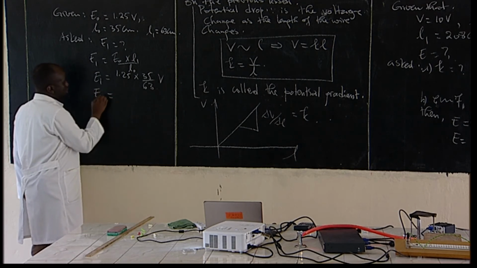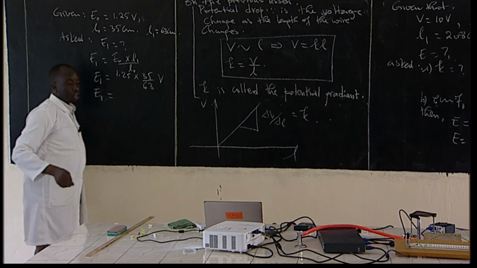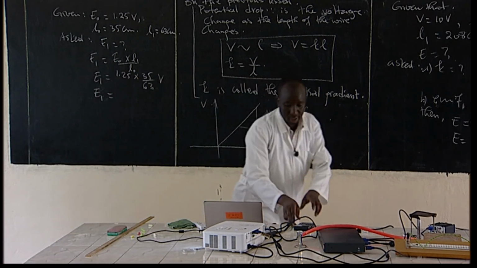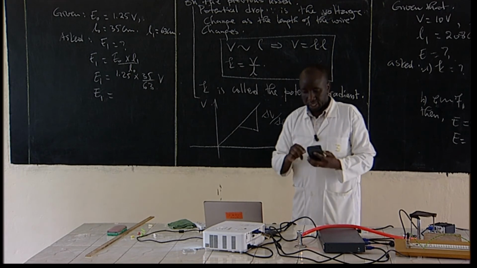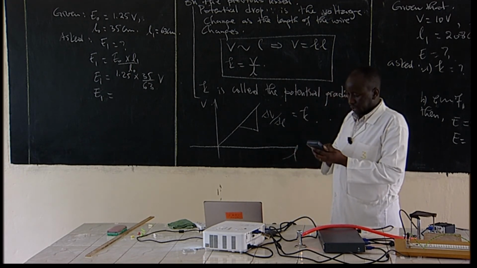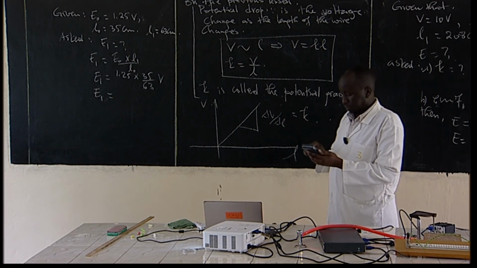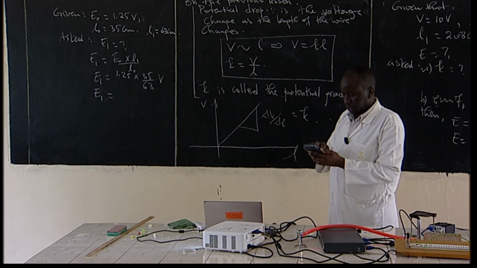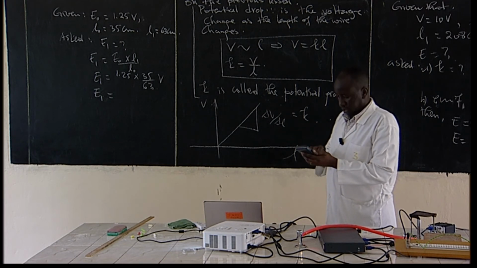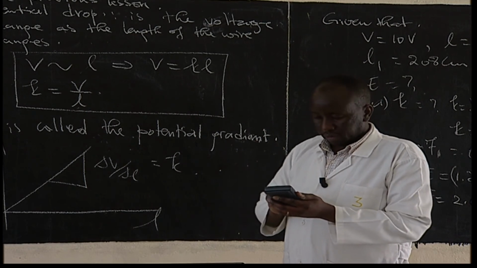So E1 will be equal to, take your calculator and then perform this with me. So let's go. What we have there is 1.25, then times 35 over 63.